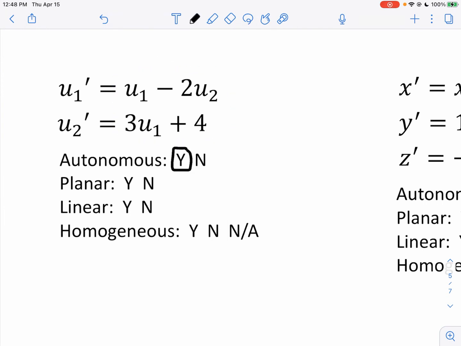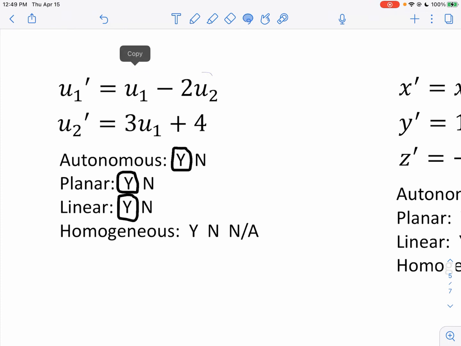Is it planar? Yes, this is dimension 2 because there are 2 dependent variables, u1, u2, so it's planar. Is it linear? Okay, so the u1 to the first, u2 to the first, u1 to the first, yes, with potential coefficients, so yes, this is linear. Now, is it homogeneous?